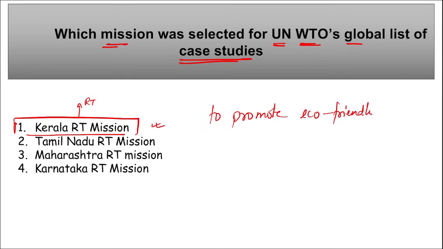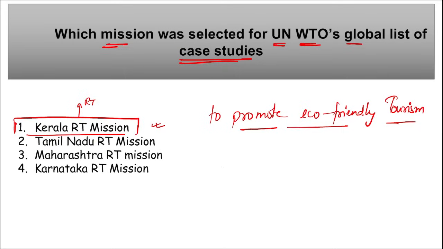It was to promote eco-friendly tourism. I repeat, which mission? It was your Responsible Tourism Mission of Kerala was selected for UNWTO's global list of case studies, and it was to promote eco-friendly tourism.